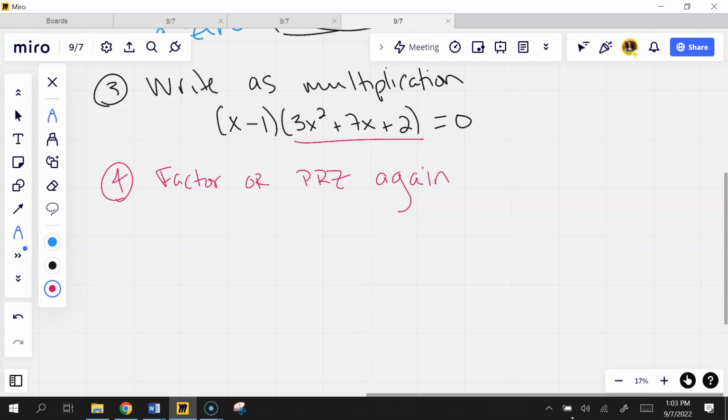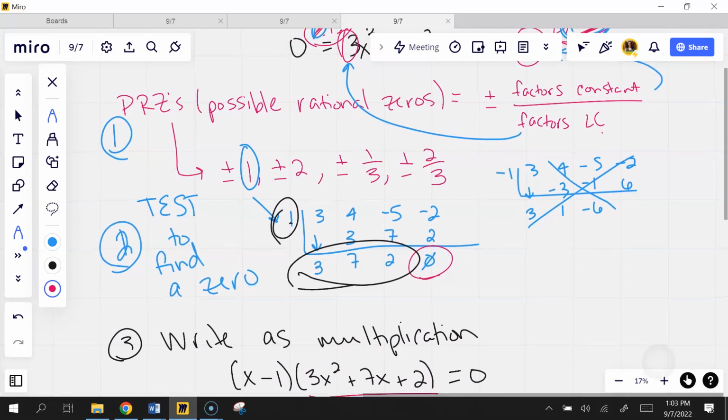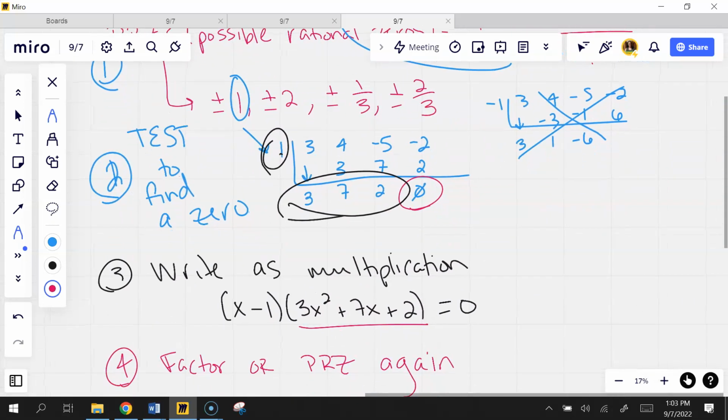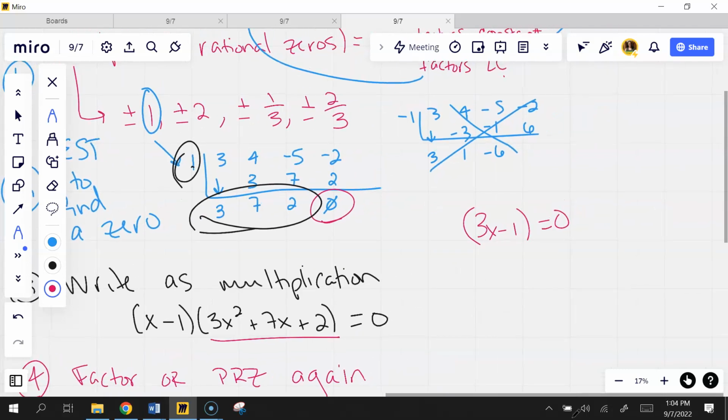They might not be factors, but they're a possibility. If you had 3x minus 1 equals 0, what would x equal? 1/3. Are you saying you don't understand how it would work doing synthetic division and it come out to be 1? Which one works, Mac? What, negative 1/3?